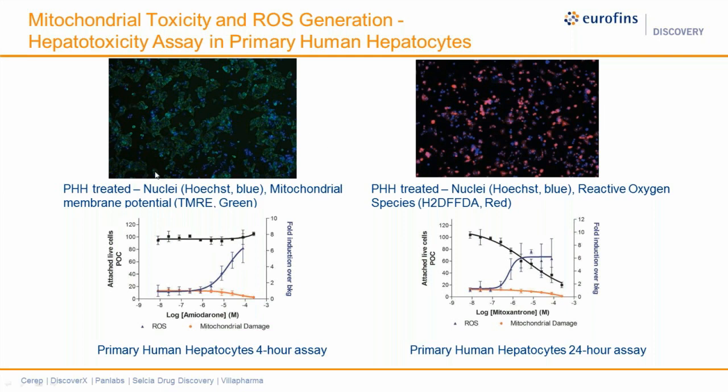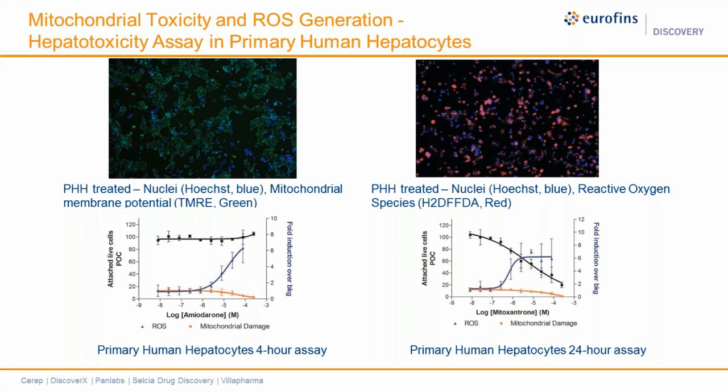The results from the cells incubated 4 hours with amiodarone, which is an anti-arrhythmic drug that causes severe liver injury in clinic, are shown in this plot. The black trace is the cell viability plot. So we can see there is no significant cell death after 4-hour incubation. The blue trace is the induction of reactive oxygen species.